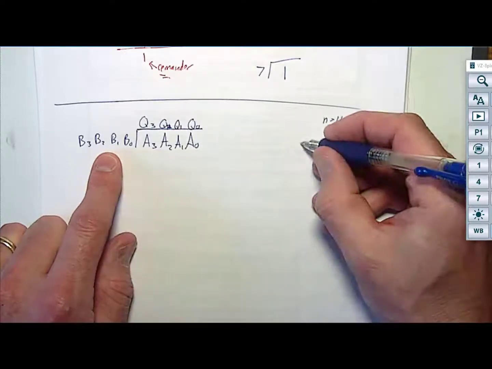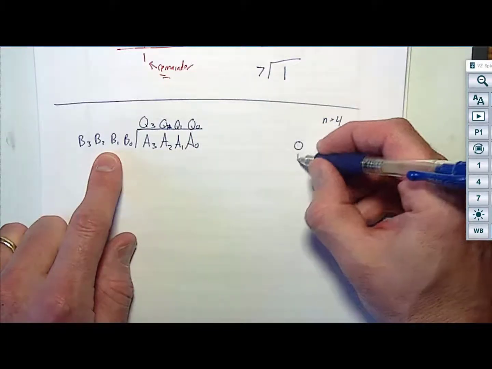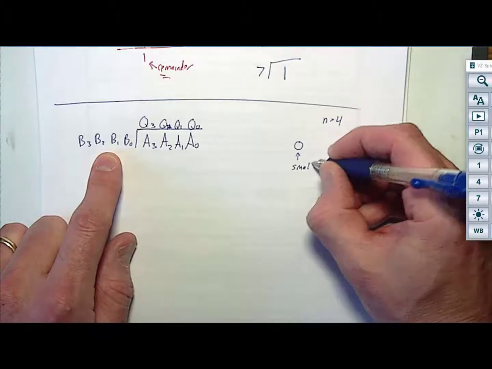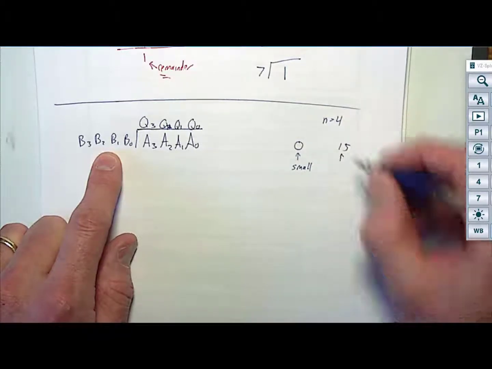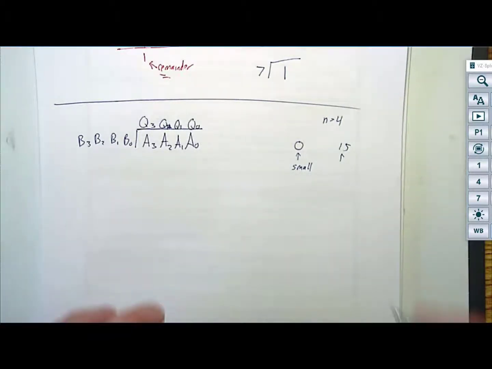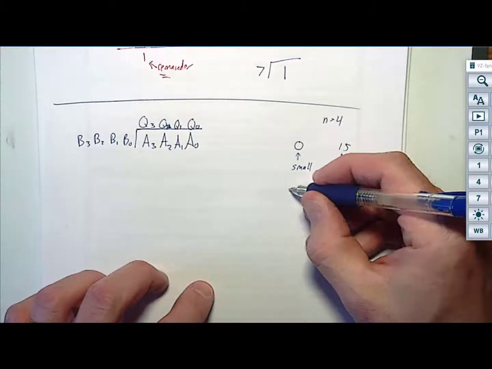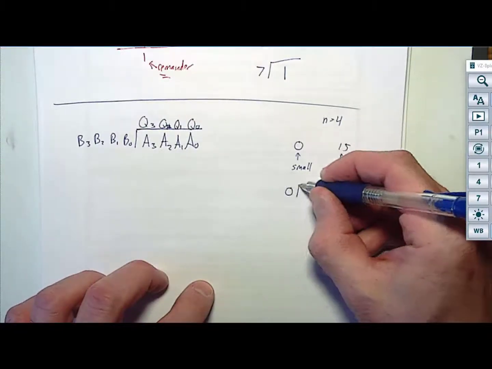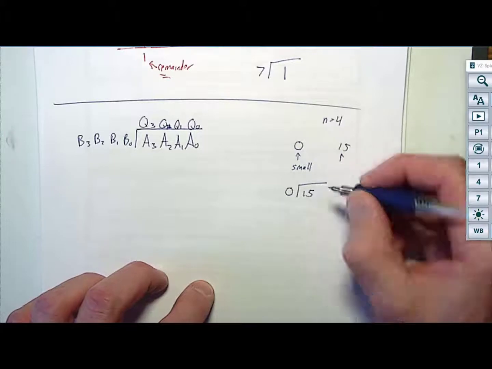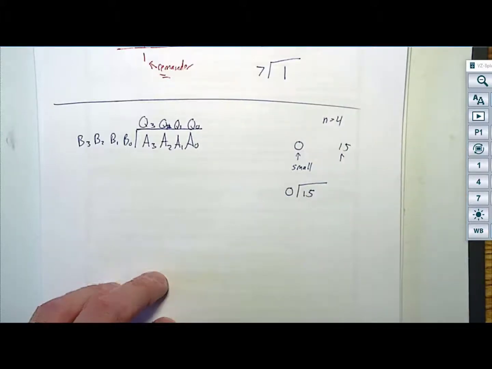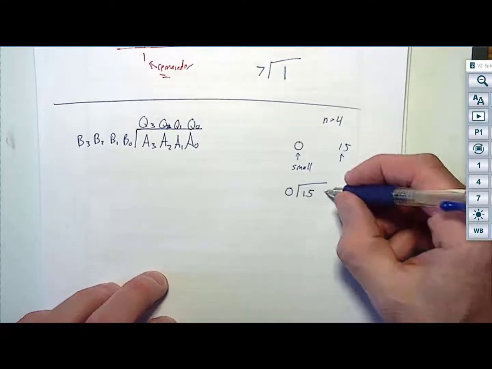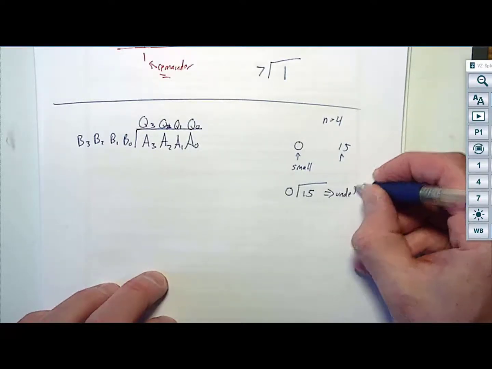I can take on a 0 is the smallest, and I can go up to a 15. So the interesting conditions are when I do something like this. If I do, how many times does 0 go into 15? That's a test. What's the answer? Undefined. It's undefined.